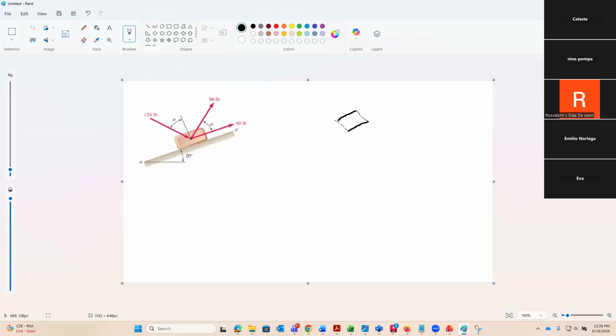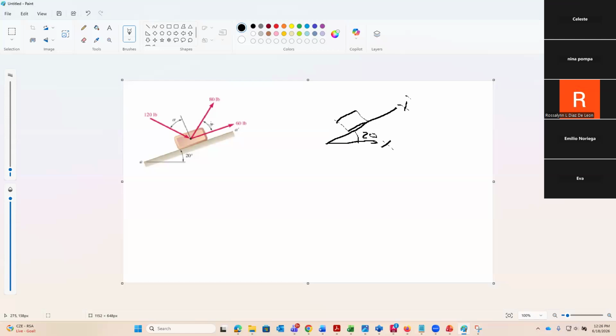And then you're gonna have a system of reference. It's gonna be x prime, that is 20 degrees off with respect to the horizontal plane. Okay.